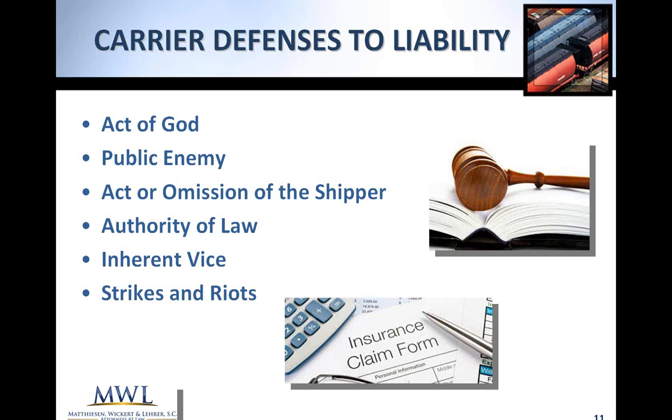So, if we're speaking about food, perhaps the food entered the shipment overripe, and by the time it reached its destination, it had, during the natural progression of the transport, spoiled, to demonstrate that it was nothing that the carrier could have prevented. For instance, setting the reefer unit at too high of a temperature, and strikes or riots.